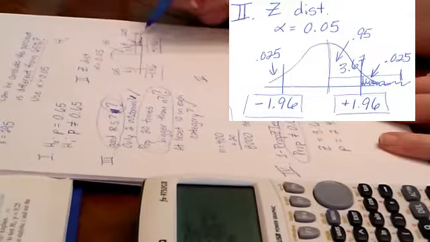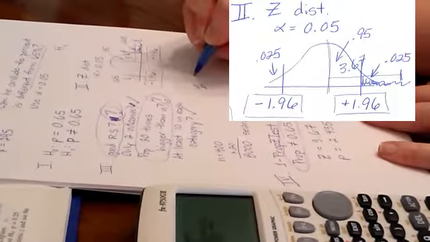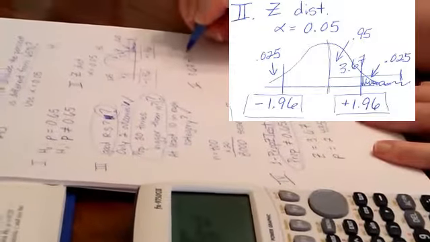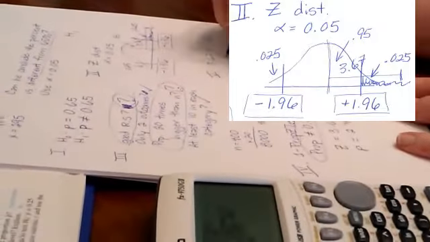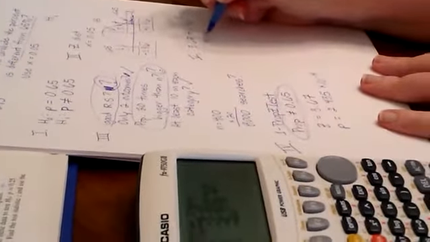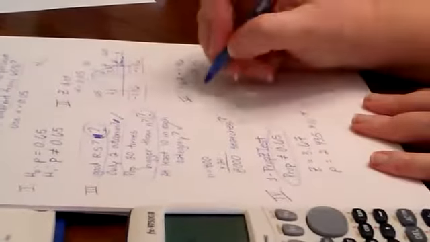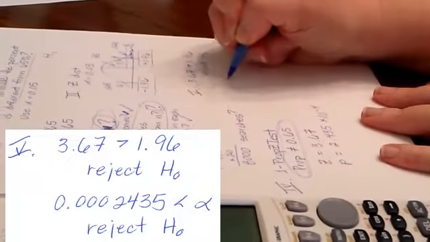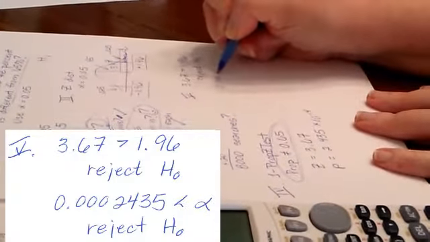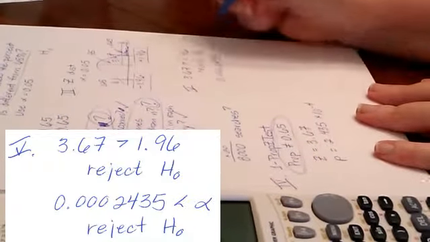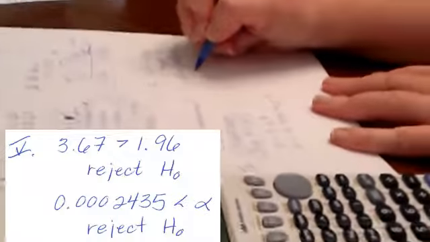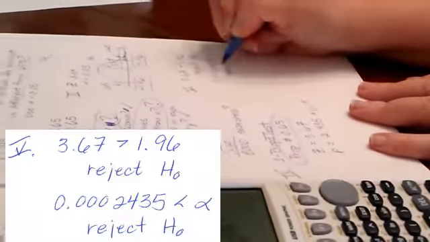So we're in the rejection region. 3.67 is greater than my positive critical value, so we reject. And P is less than alpha. If P is low, we reject the null.